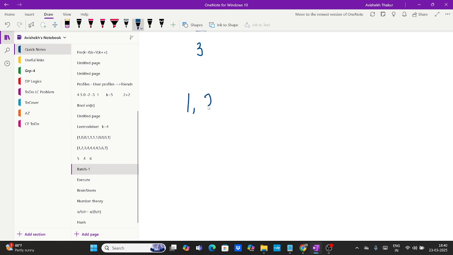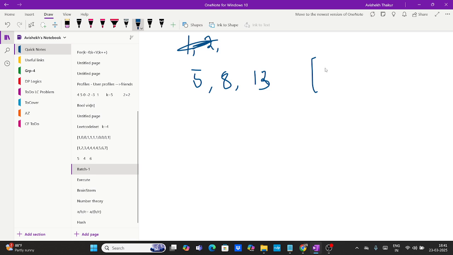Maybe take different target values. Maybe with a single target it will get simple. Let me think. Okay, 5, 8, 12, maybe 13.